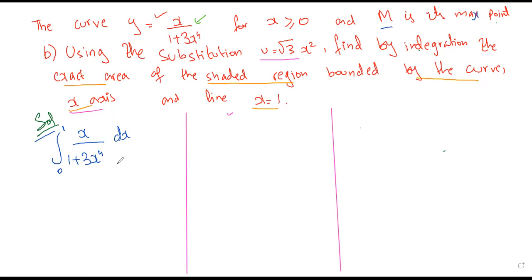We have been told that we need to use u equals root 3 x squared. The first step is to find the derivative with respect to x, because we need to get rid of all the x's in the question. We have dx, and we need du here.